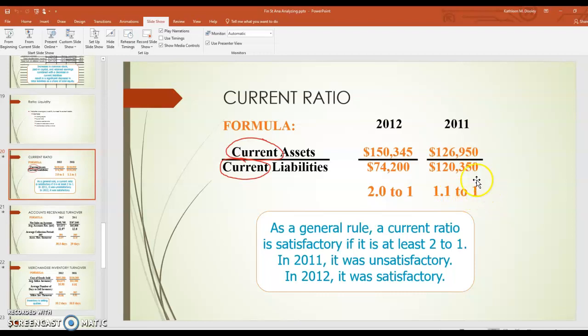So in this case, for every $1 of liabilities, I only had $1.10 of current assets. And some of that stuff is like supplies. It's not going to help me really pay off those liabilities. So that's unsatisfactory, it would have been in 2011. So we definitely moved in the correct direction there.